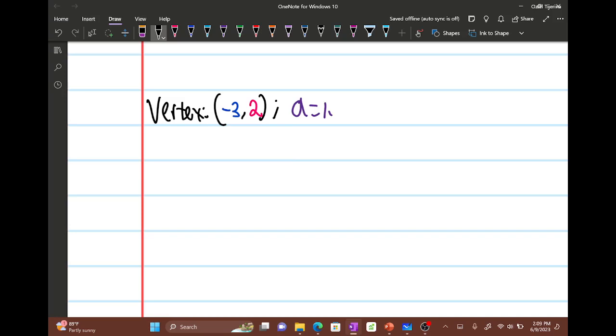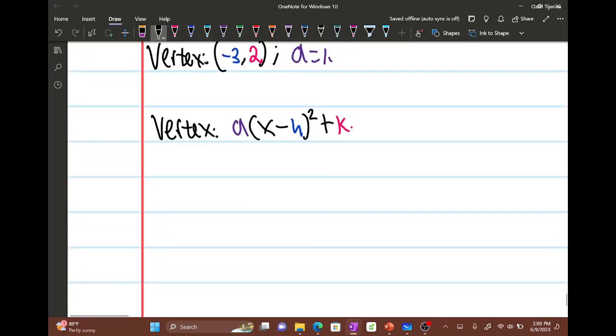When you're given a vertex and you know that a is equal to 1, let's say the student says, oh, the vertex form is obviously going to be a times the quantity x minus h squared plus k, right?